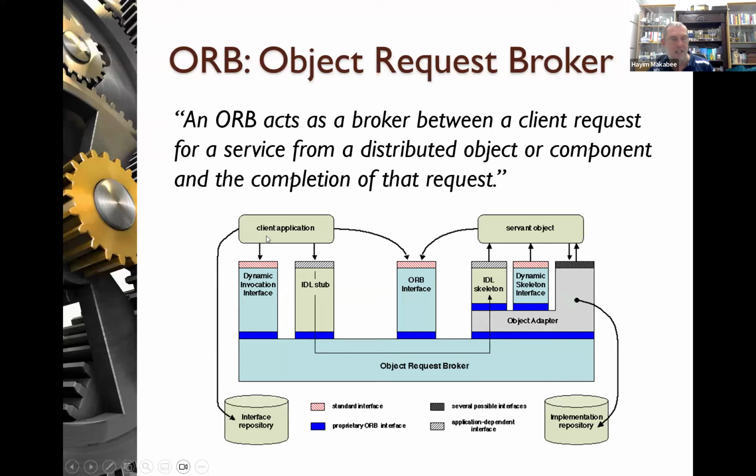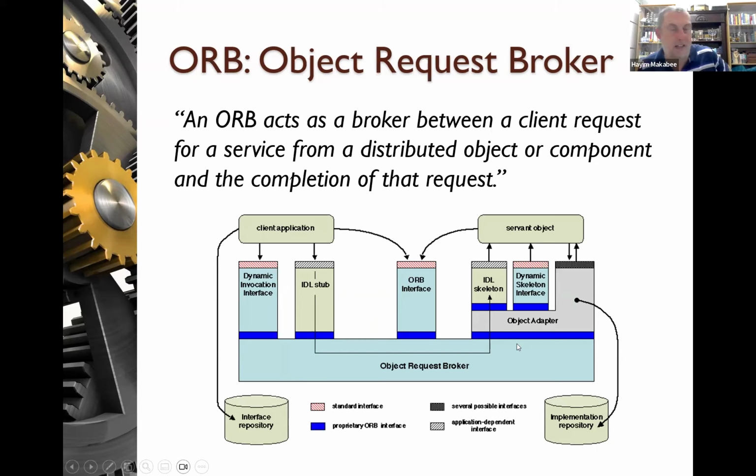So from the side of the client application, I have an interface stub, which is in a language called IDL. IDL is an interface definition language. It is an abstraction. And on the side of the servant object that implements the functionality, I have the IDL skeleton. So this interface definition language is an abstraction on both the client side and the server side. And the ORB is the broker in the middle between them.